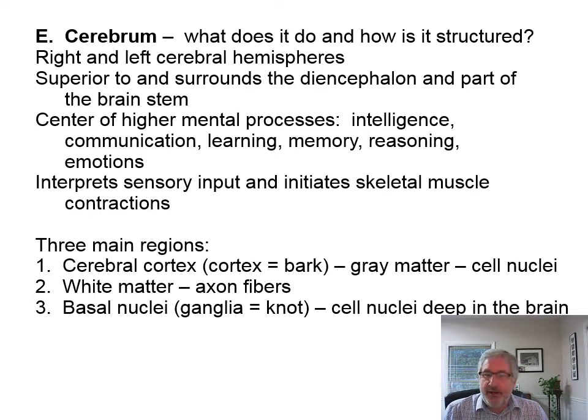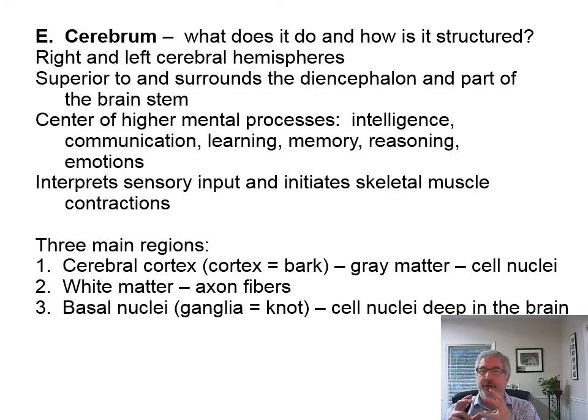So the basal nuclei, a ganglion is a knot. They're usually called ganglion outside the central nervous system, and called nuclei within the central nervous system. So in the peripheral nervous system, you'll have ganglion. Those basal ganglia are groups of neuron nuclei that are deep in the brain.